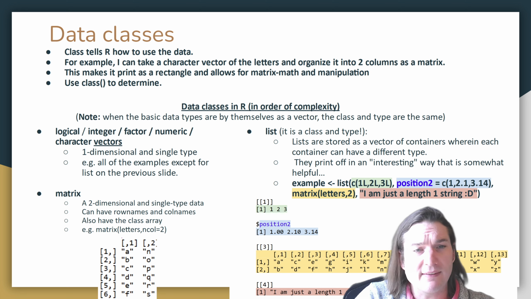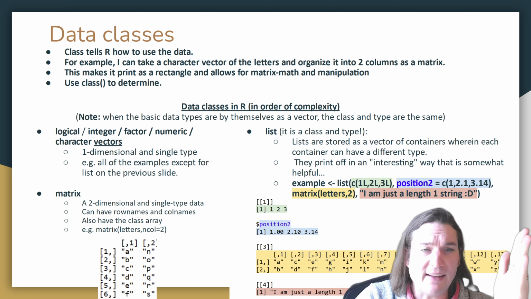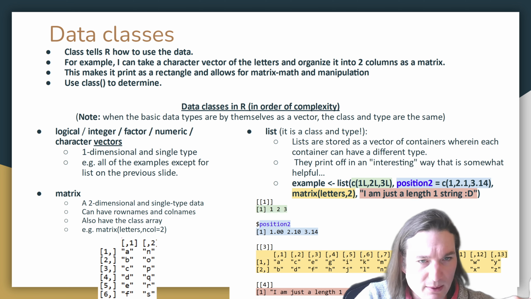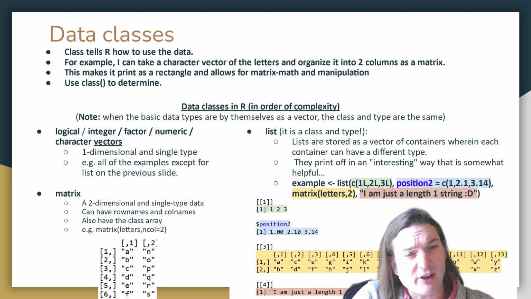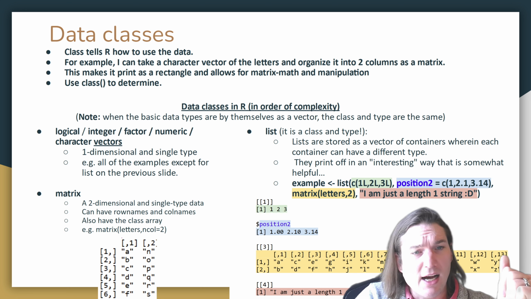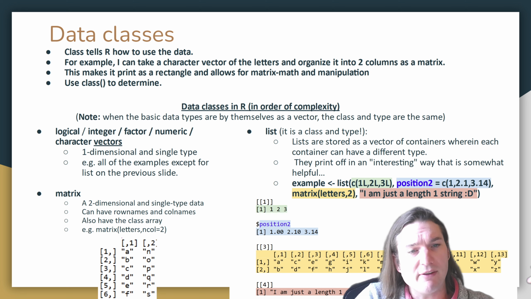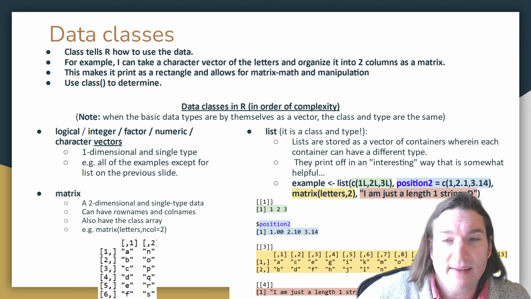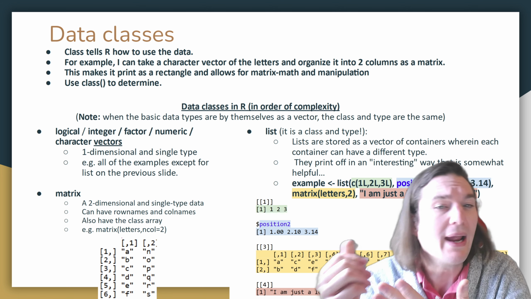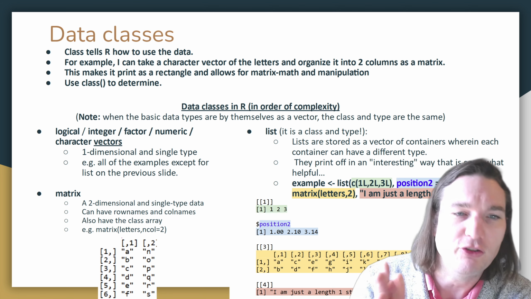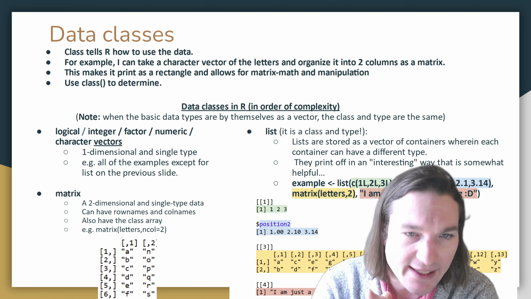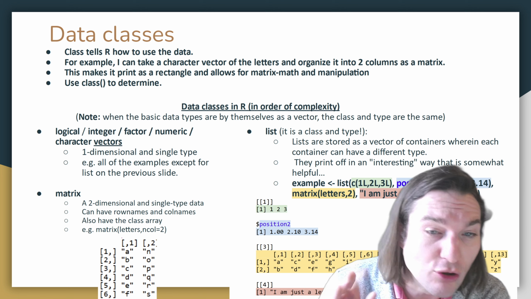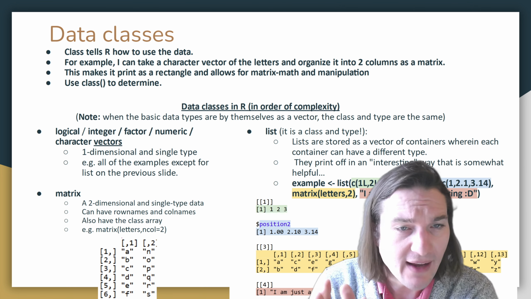I'm pretty sure this is just all of the lowercase letters, so that's 13 rows by 2 columns. It may also have row names, and it may also have column names. But this is how I've made that code. So the matrix function, the data to store inside of it, so a character vector, and then I told it to make 2 columns. It also has a second class, and that's because all matrices are also arrays, which is just multi-dimensional single type data. So I could have a multi-dimensional array of a single type.